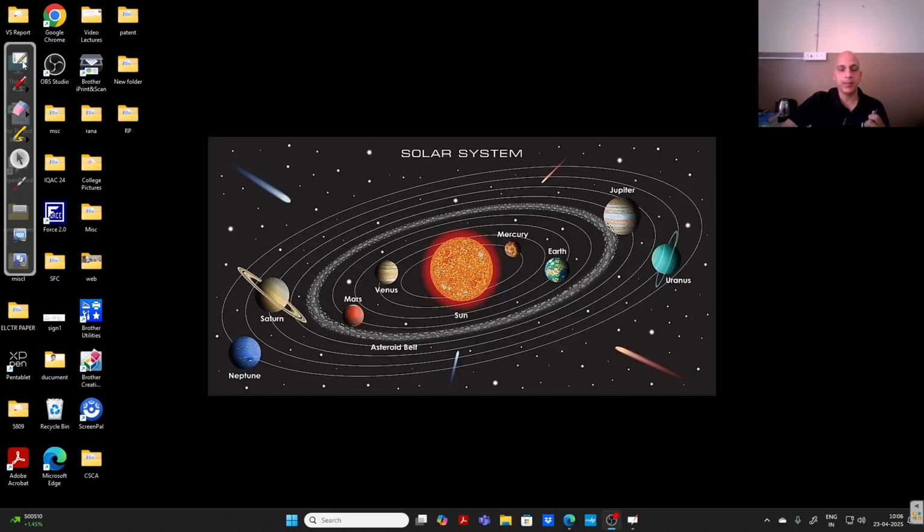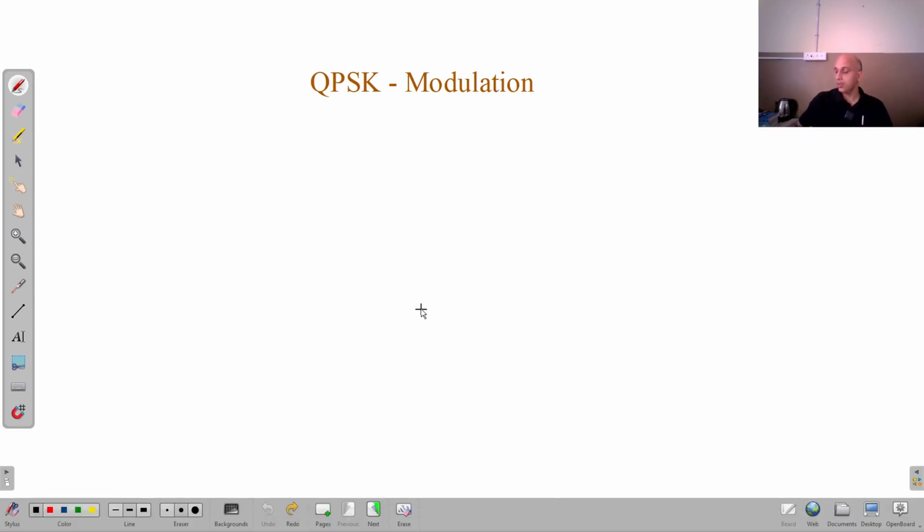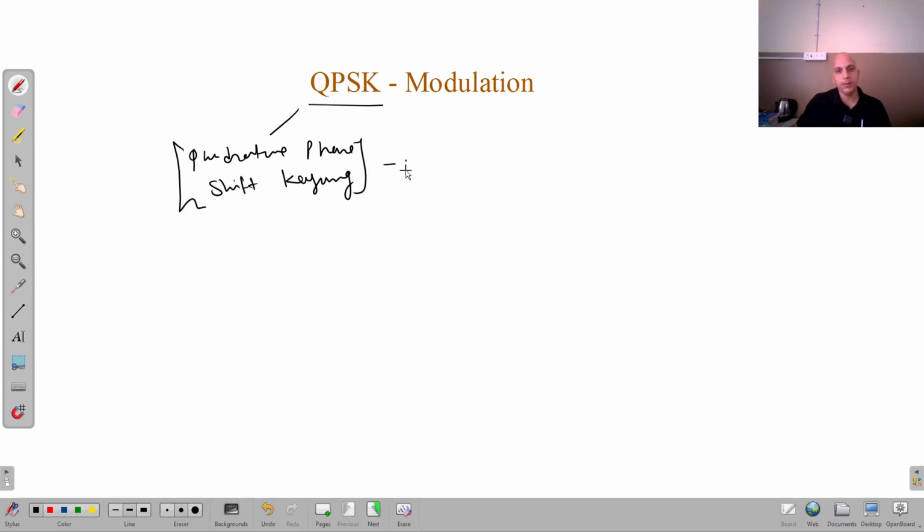So in this lecture I am going to discuss the QPSK modulation technique, right? QPSK stands for quadrature phase shift keying, right? So it is basically a type of M-array modulation technique.